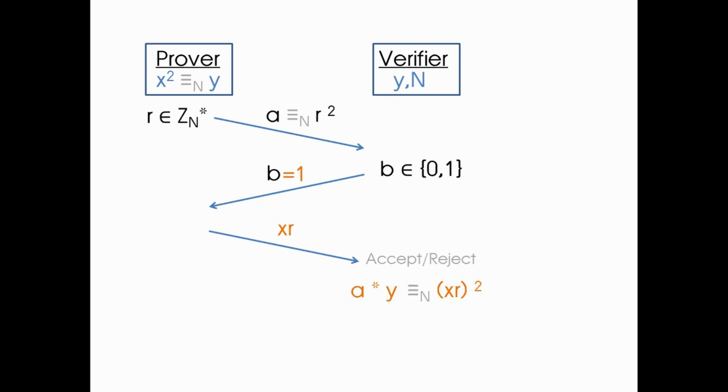Basically, the idea is that XR raised to the power of 2 should also be a square root of some number, and that number is A times Y. The reason for this is that A equals R squared and Y equals X squared. So A times Y should have a square root modulo n. So to summarize, when the challenge bit B equals 0, the prover simply reveals the randomness. And when the challenge bit B equals 1, the prover reveals X times R.